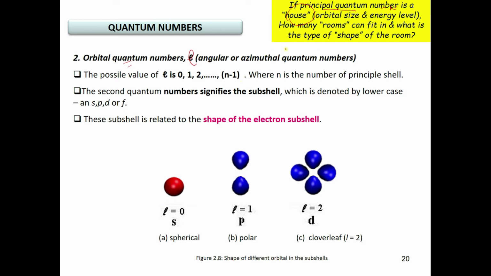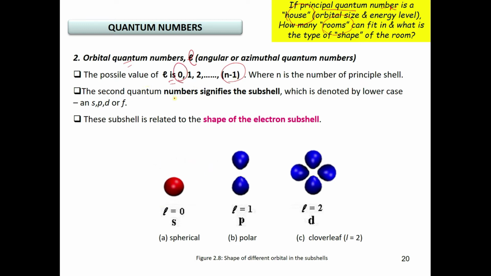The orbital quantum number L refers to the rooms inside the house N. The possible values of L are always 0 up to N minus 1. If the principal quantum number N is equal to 1, the possible value of L is 1 minus 1, so L is equal to 0.